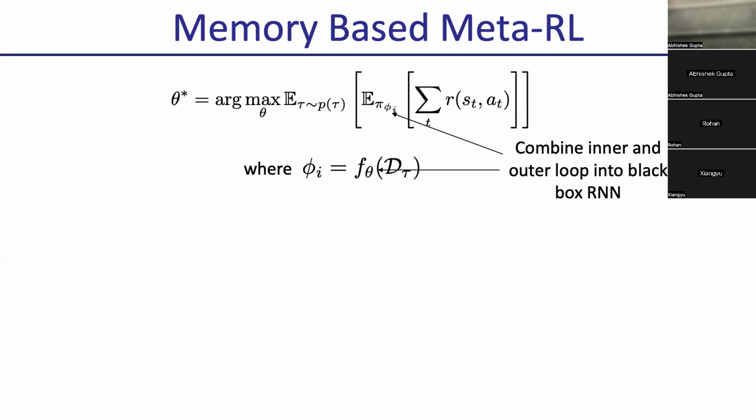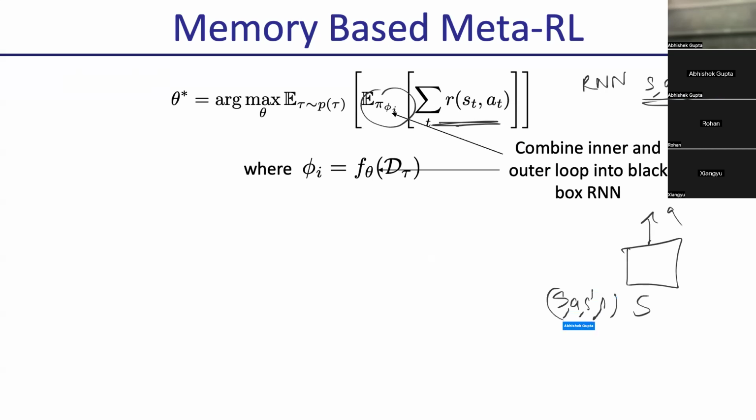Because you're trying to maximize your sum of rewards, and your policy is an RNN which takes in S, A, S prime, R, your policy has the ability to change over time, as opposed to a policy that just took in S and gave you A. Here, I have a policy that can take in S, A, S prime, R from the past. You can see what you did wrong and get better over time.